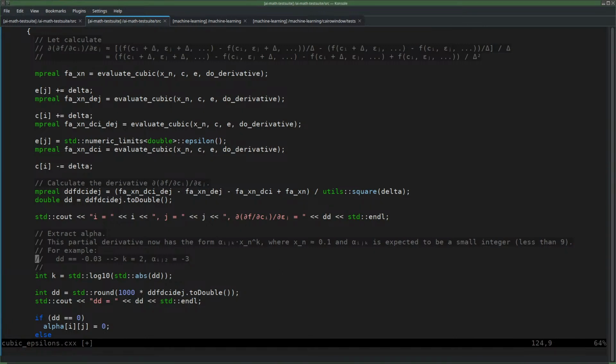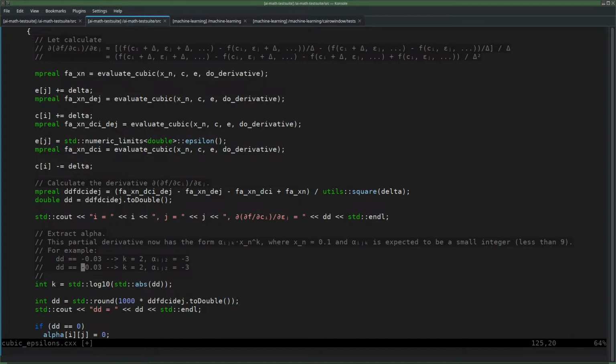Let's add another example. More realistic. But less clear.